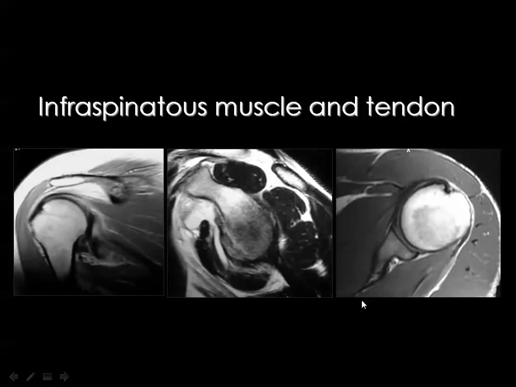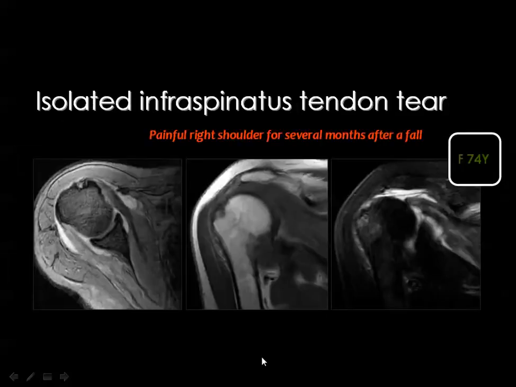Also, you can identify the infraspinatus tendon in the coronal images at the level of the spine of the scapula, and you can know that this is the spine of the scapula by the characteristic inferior protrusion. Then you see this infraspinatus tendon inserting into the greater tuberosity. You can also evaluate the muscle bulk in the axial images and in the sagittal images. You remember, this is the supraspinatus muscle, infraspinatus, teres minor, and this is the subscapularis.